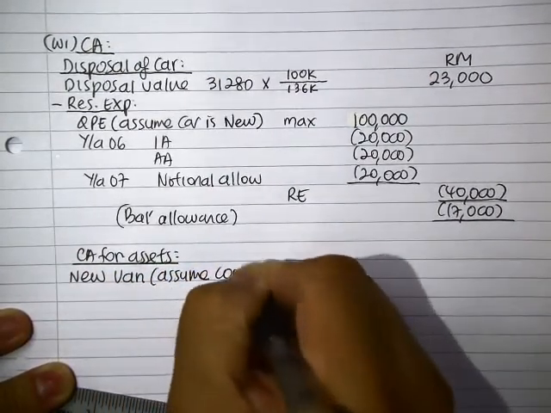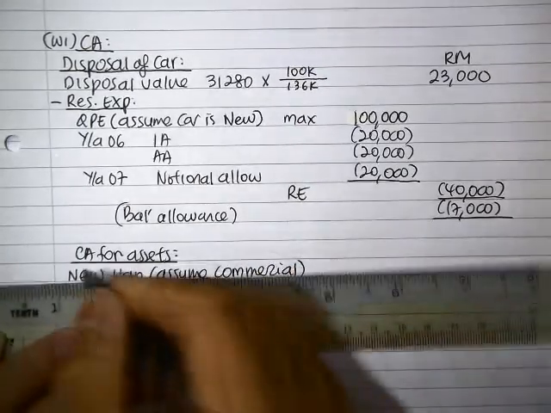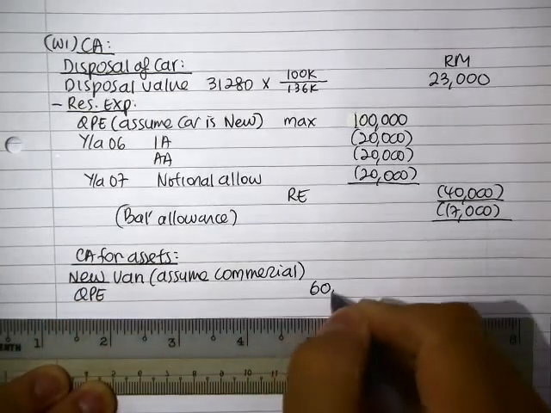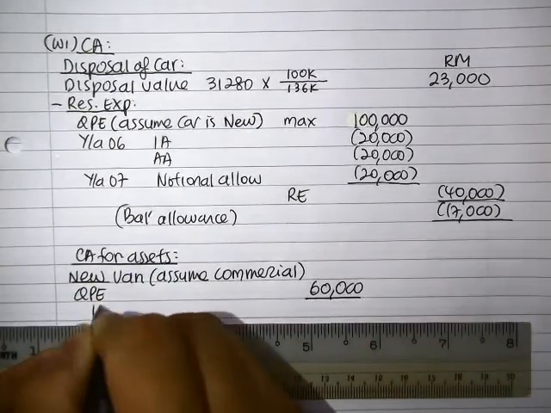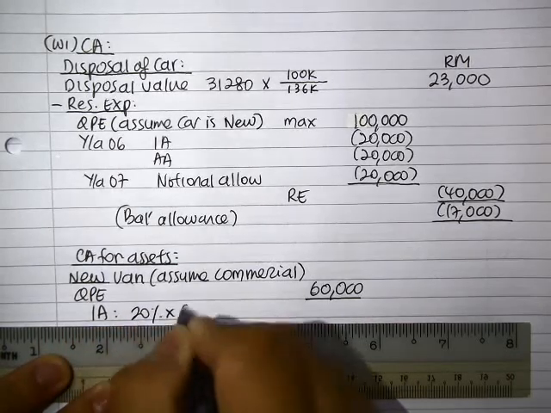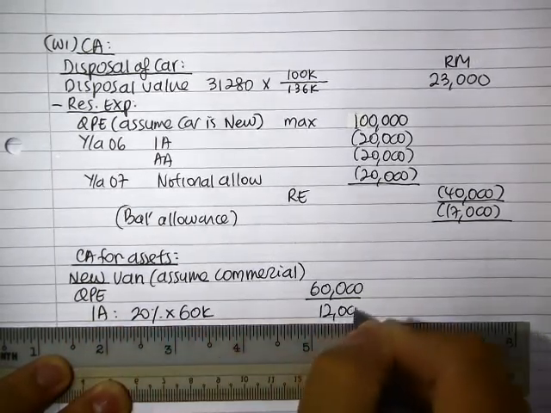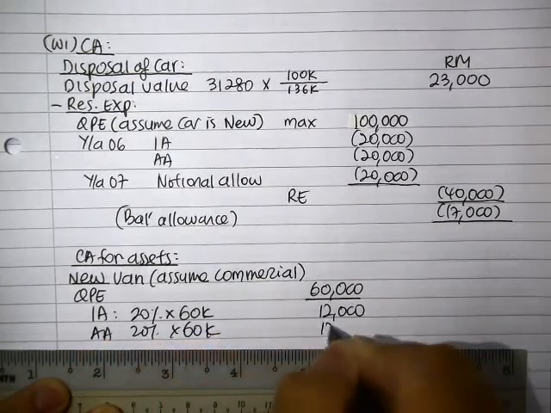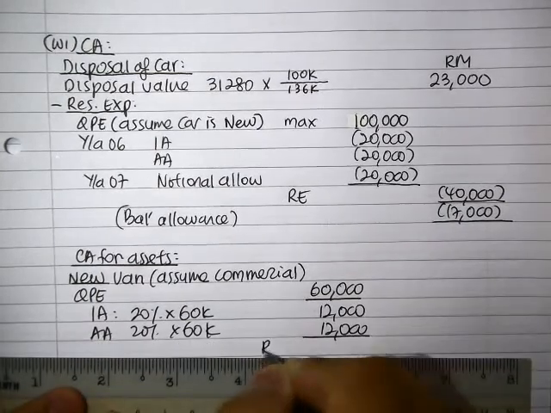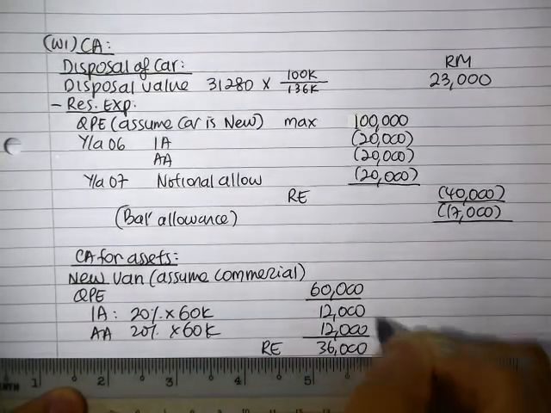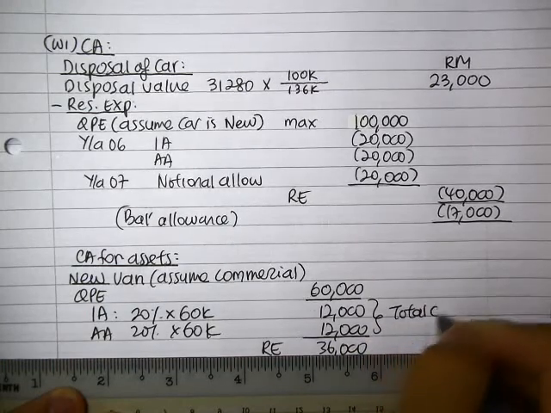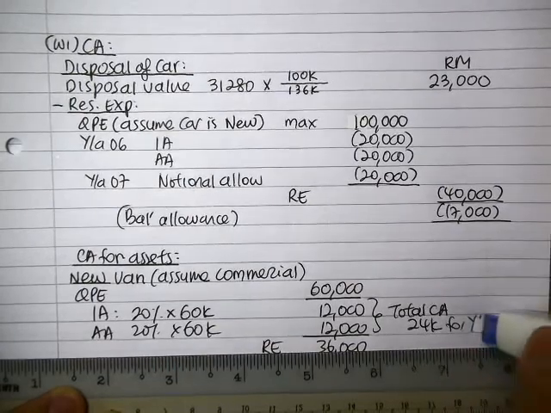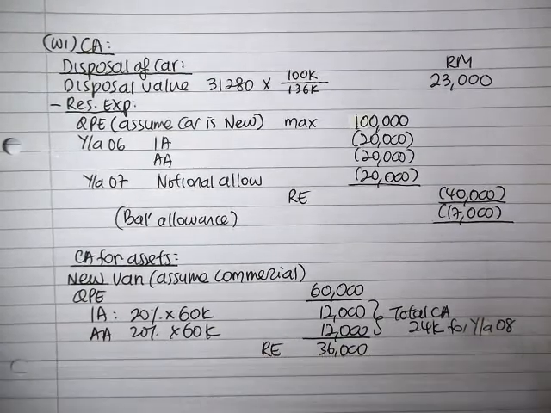Let's assume that van is commercial, so that your qualifying plant expenditure is 60,000. So initial allowance is 20 of the 60, so it's 12. Annual allowance is 20 of the 60, so it's 12. So RE is 36. The total CA is 24 for Y08.